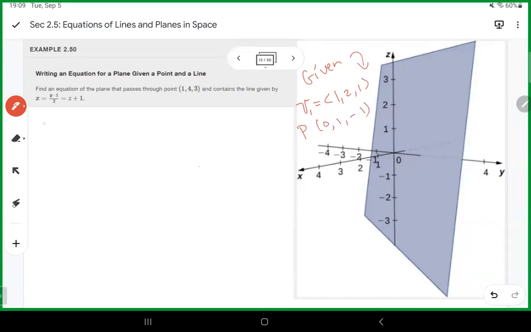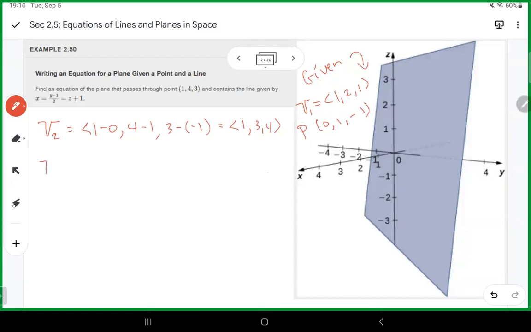So we need to use the 2 points to find vector 2, which is going to be 1 minus 0, 4 minus 1, and 3 minus a negative 1. So that's going to give us 1, 3, 4. Use the cross product of these vectors to identify a normal vector for the plane.